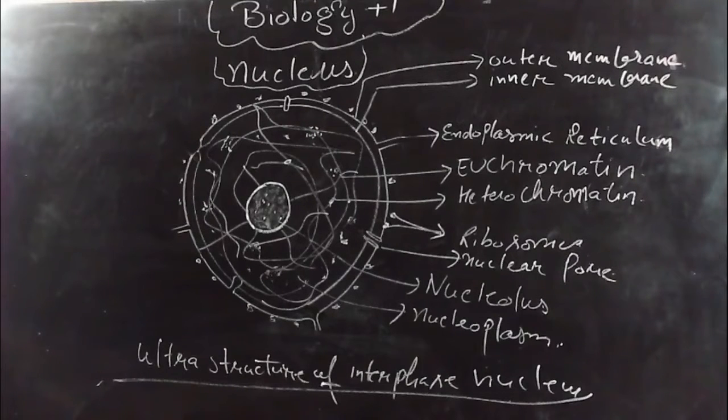Nucleus is a specialized double membrane bound protoplasmic body which contains all the genetic information for controlling the cellular metabolism and transmission to the posterity.